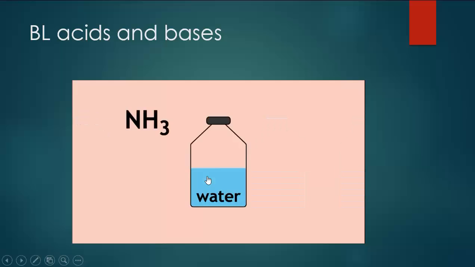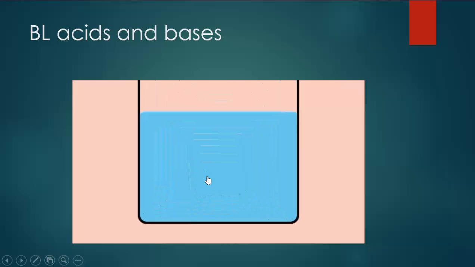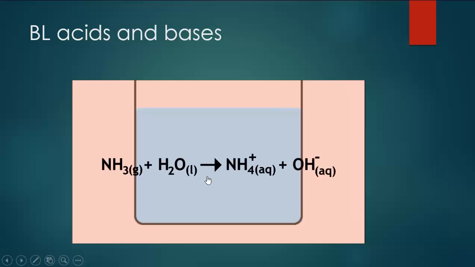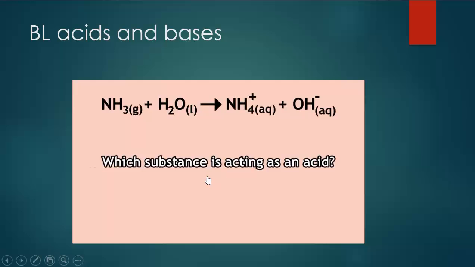When ammonia dissolves in water, it accepts a proton from water. Notice that this reaction also involves a proton transfer. Can you figure out which substance is acting as an acid in this example? Which is acting as a base? Please pause the lesson.